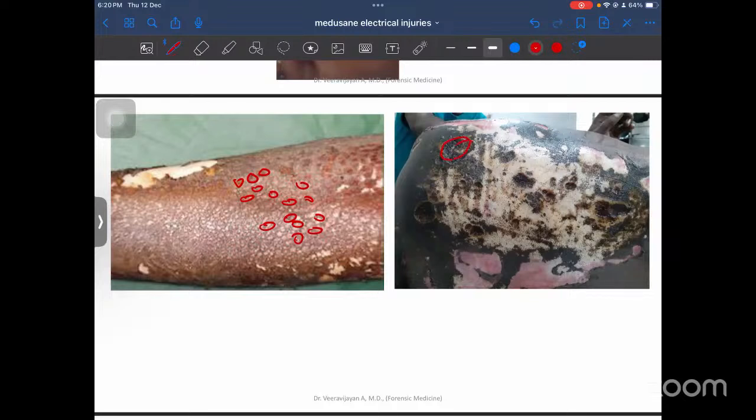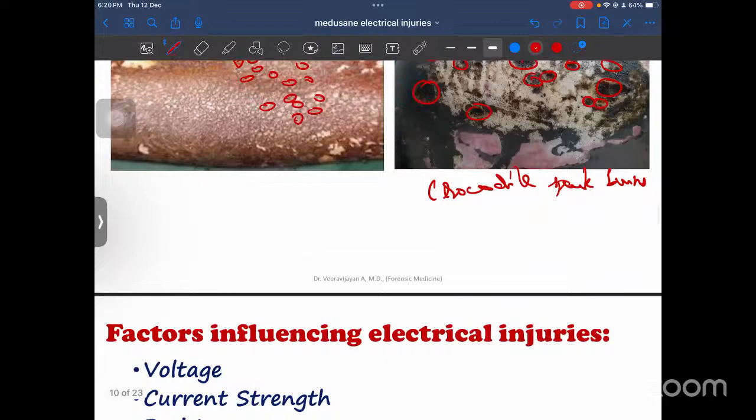You see here also multiple discrete lesions. This appearance more or less resembles that of the skin of a crocodile. So these exogenous burns are otherwise known as crocodile spark burns. This is about the skin lesions.